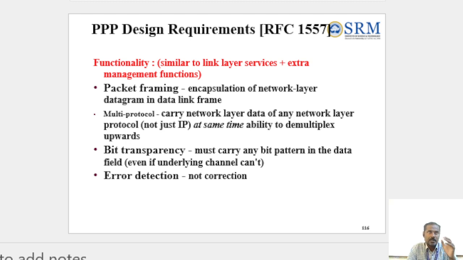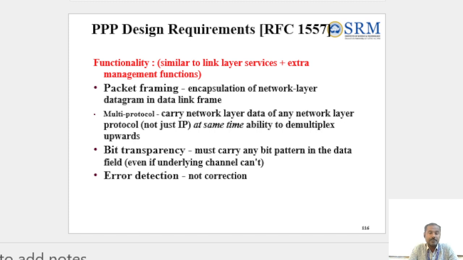That is, when a node is sending a packet from the network layer, when it comes to the data link layer, it is going to multiplex it, and at the receiving end, it is going to demultiplex it. It also has bit transparency, it must carry any bit pattern in the data field. So this is also a function of PPP design.